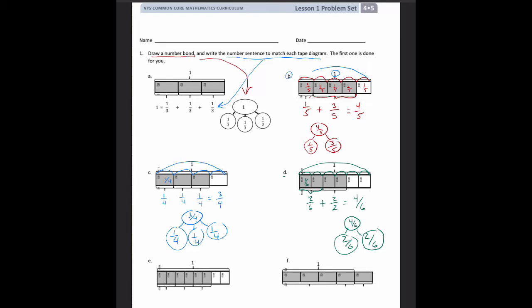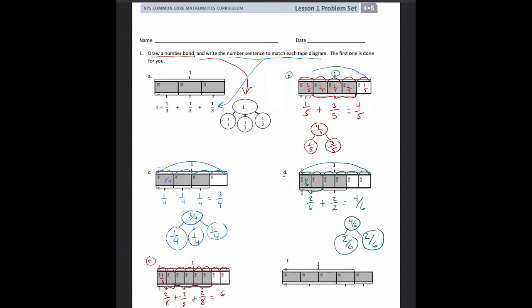All right, down to E now. Let's see, I've got 1, 2, 3, 4, 5, 6, 7, 8 this time. So each of these guys are eighths. My first little guy is 2/8, and I've got another 2/8. And a third set of 2/8.